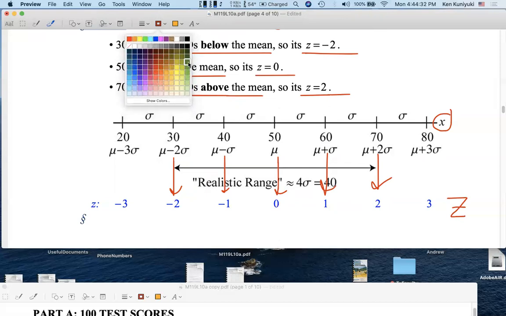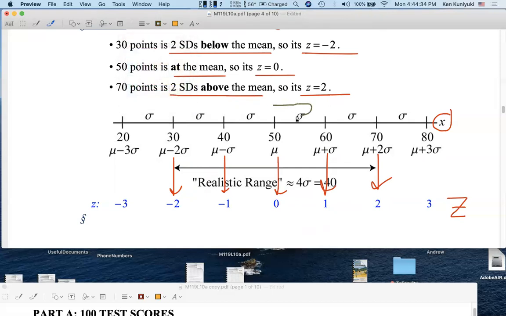One standard deviation is like a yardstick, a measuring stick. Whether it's 10 points or maybe 13 pounds or 5 inches or 42 light years. One standard deviation is our key measuring stick.